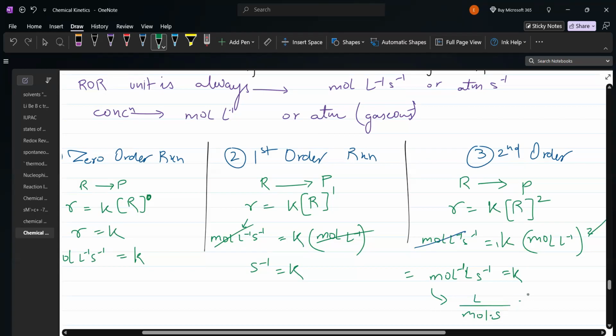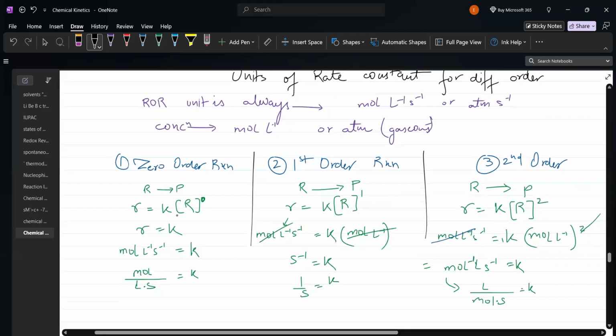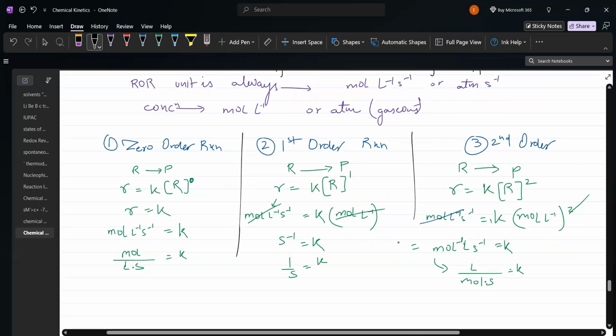Here it is 1 by second for first order, and here it is mole per liter second for zero order. Are you understanding the theory? Okay, please note it down.